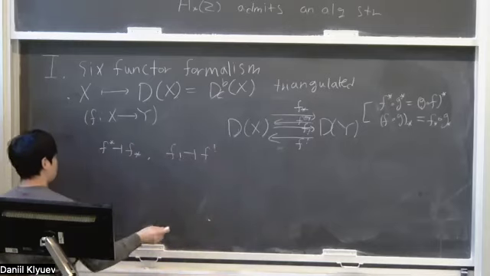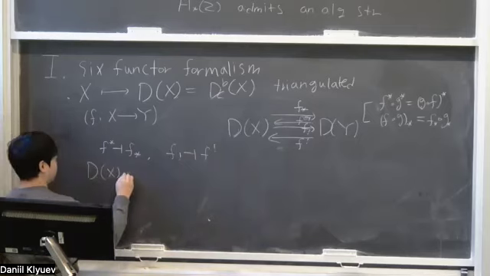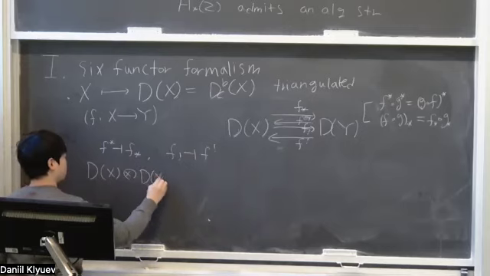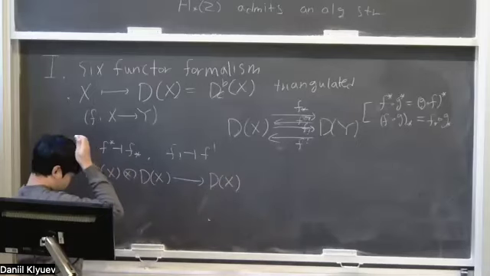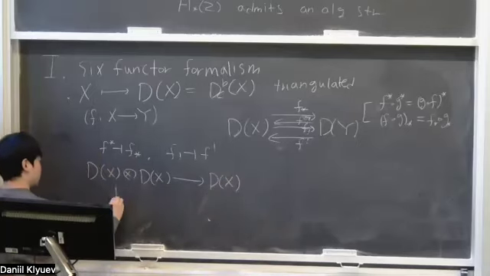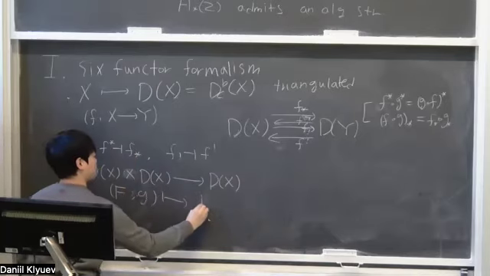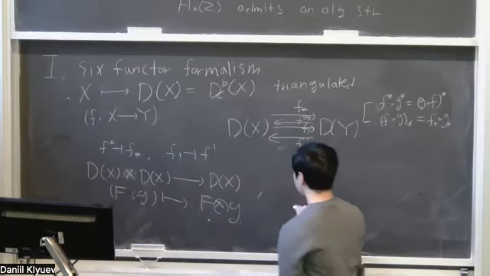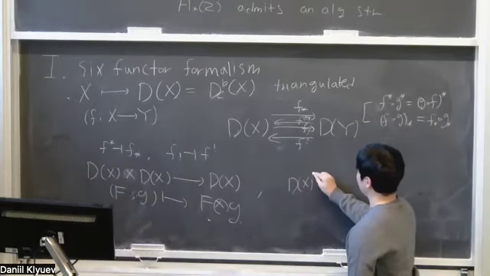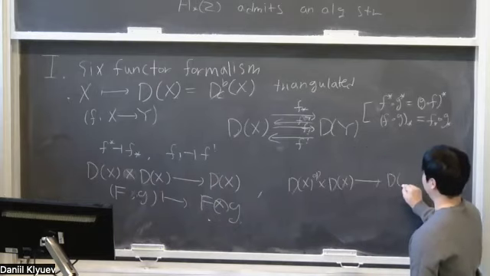Also there's a tensor functor, which makes D_X a monoidal category. Also, the internal Hom functor.